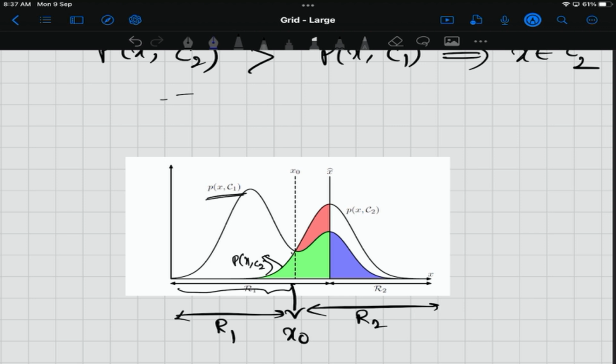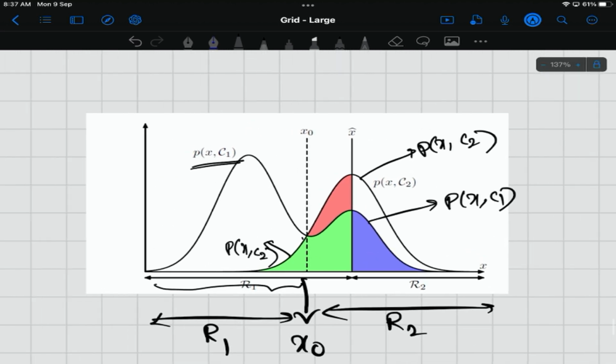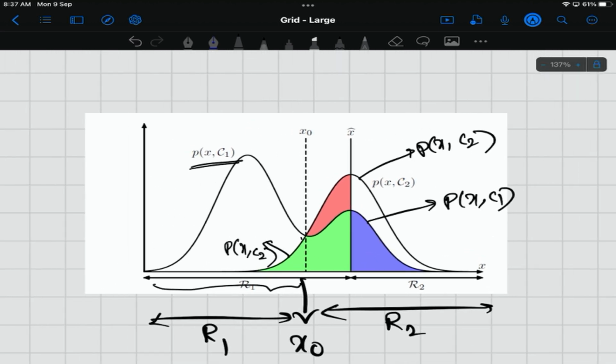Okay, in my R2, my probability of x comma c2 is greater than probability of x comma c1. Yes. So for this particular case, my x naught is the optimal hyperplane. Can you actually reduce your error further than your A plus C plus D? That is your probability of mistake with my x naught. Can you actually try moving your x naught to this side or this side, and can you reduce your probability of mistake further?